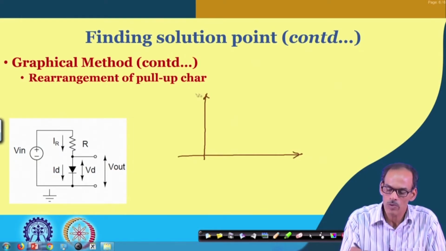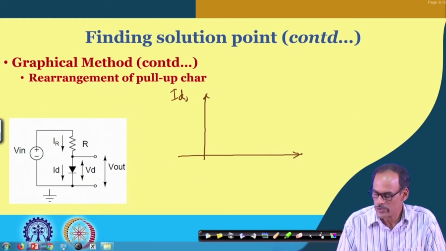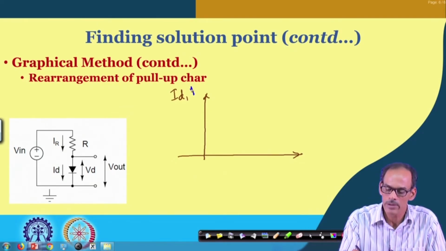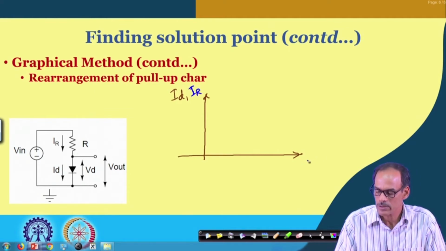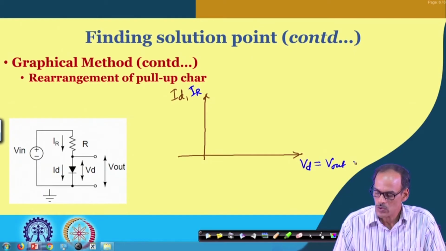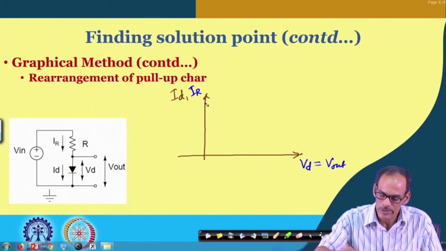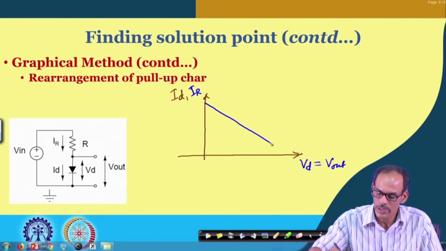So, along the y axis we have I d and also I r, and along the x axis we have V d, which is eventually V out. So, the I r with respect to V d characteristic is like this.